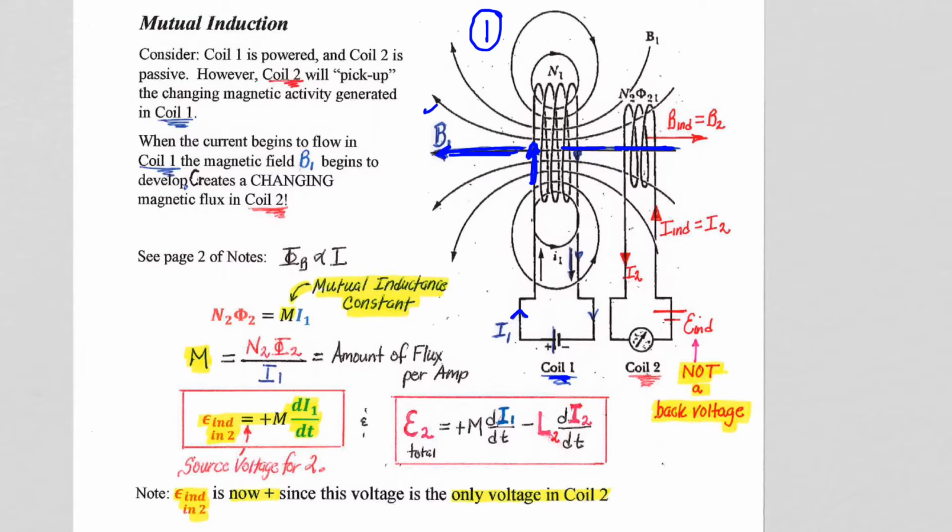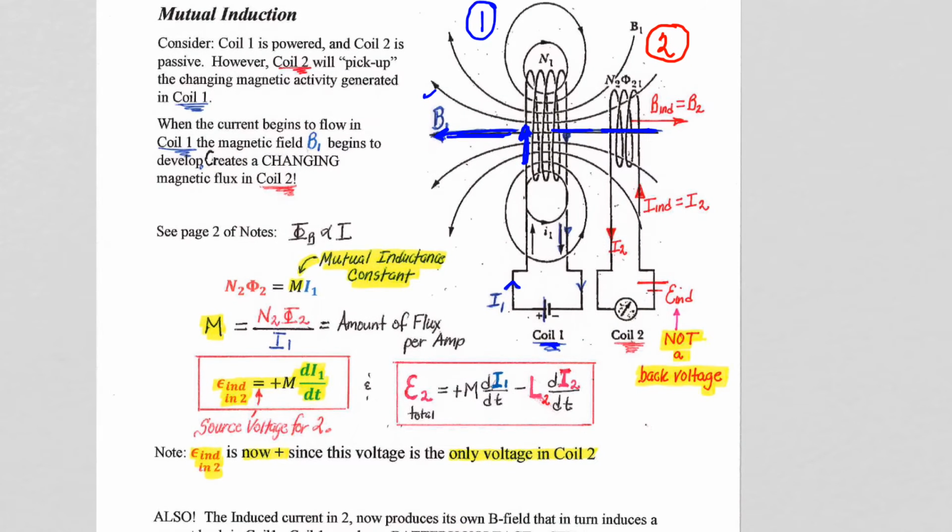That B field then extends in space, even the space that is seen out here by coil 2. So now let's go over and think about what's going on in coil 2. No equations yet, don't worry about the rest of the notes. Coil 2 does not have a battery, so notice there's no battery on your blank page of notes. I have put in an induced EMF voltage symbol here, but it is not a battery.